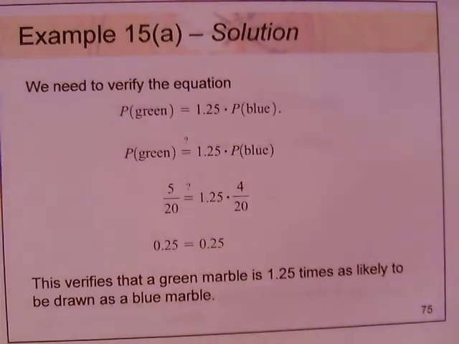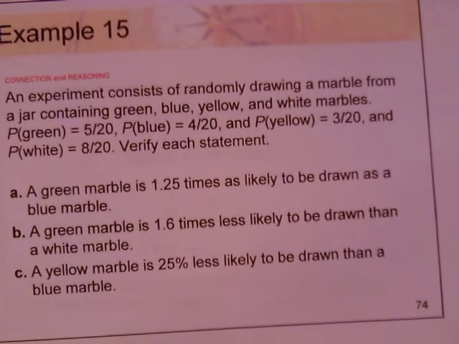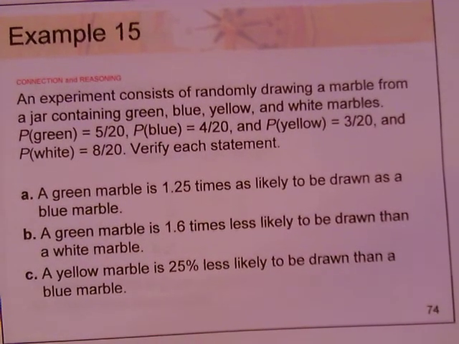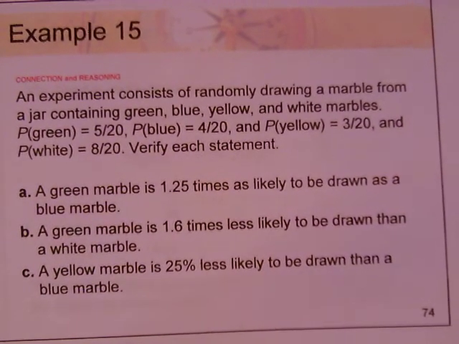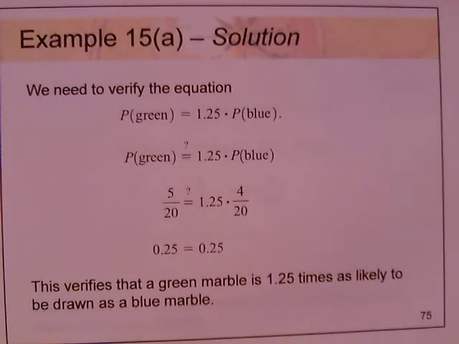Here I need to verify the equation that the probability of getting a green is equal to 1.25 times the probability of getting a blue. Because it says here 1.25 times as likely to be drawn as a blue marble. Okay, so here, that's our equation.